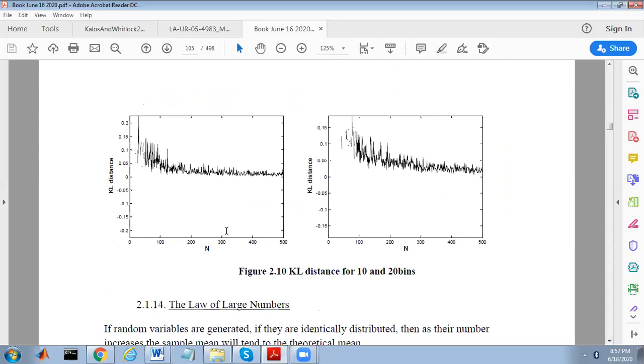Now, if you had 10 bins, remember in Monte Carlo simulation, bins are so important because you do not get an answer everywhere. You get an answer where you want to get an answer. It's unlike deterministic codes where you get the field function in the entire domain that you're solving. In Monte Carlo, you do not get the solution in the entire domain.